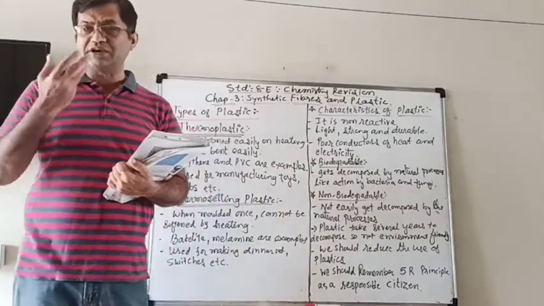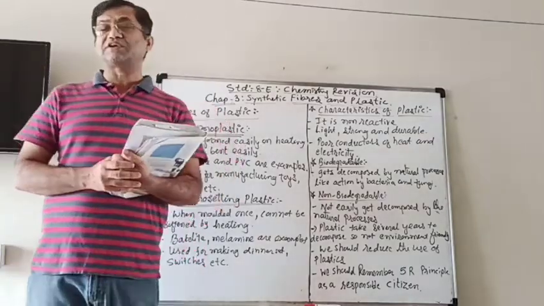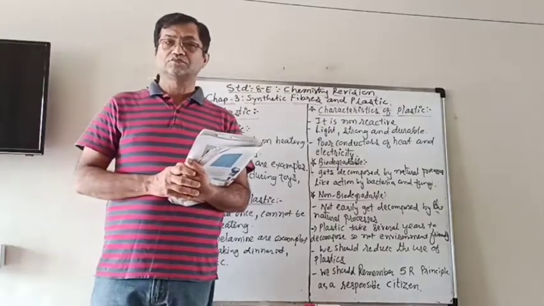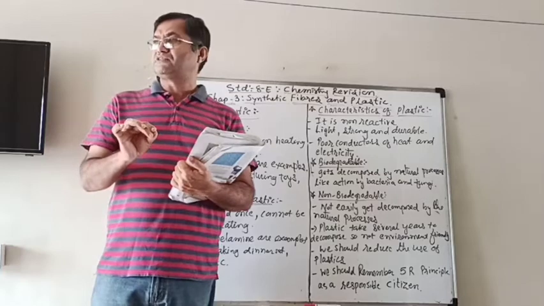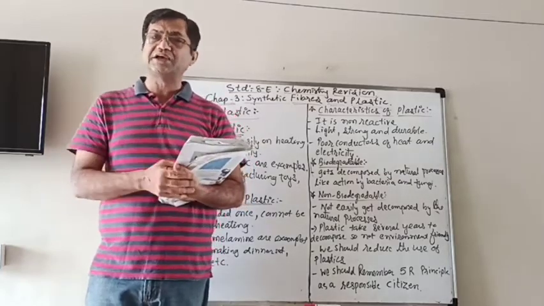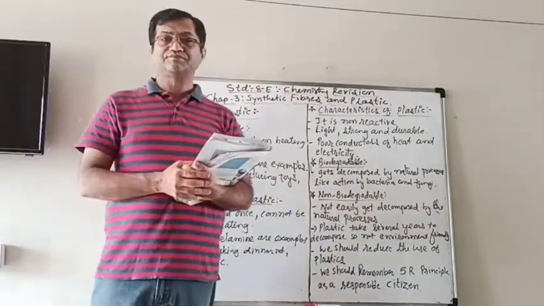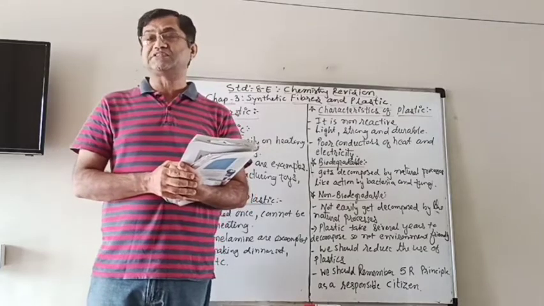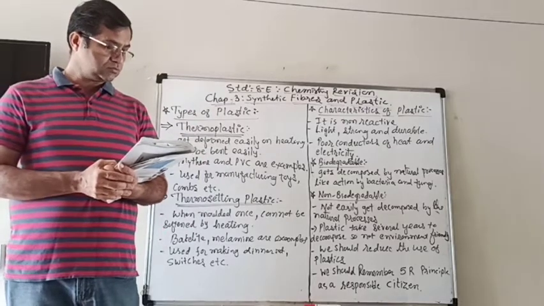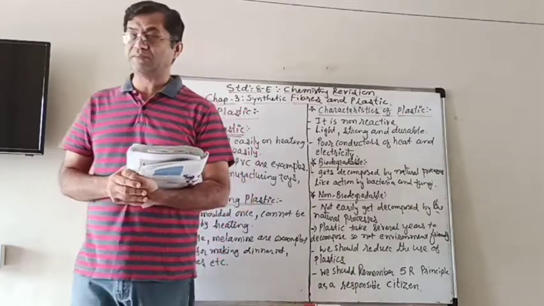When we give heat to it, it will not get softened, so we cannot mold it again in the desired shape. Once it is set, you cannot change it. On heating, it will not get softened, it will not get deformed, and it cannot be bent easily. That type of plastic is the thermosetting plastic. The examples are bakelite, melamine, etc.